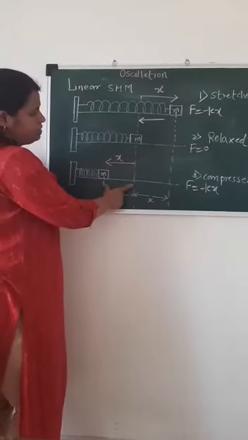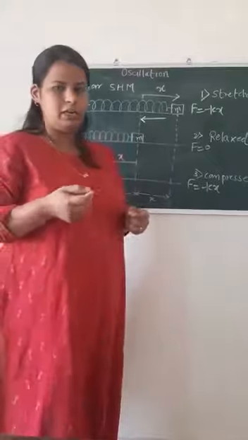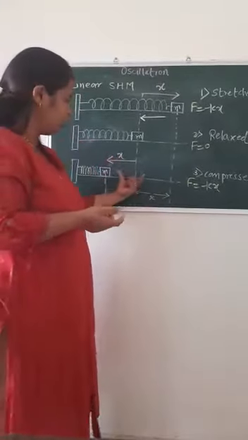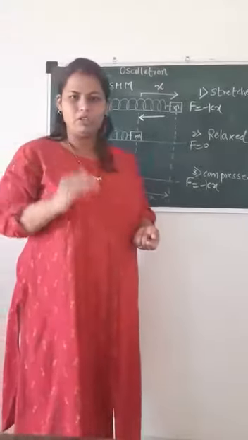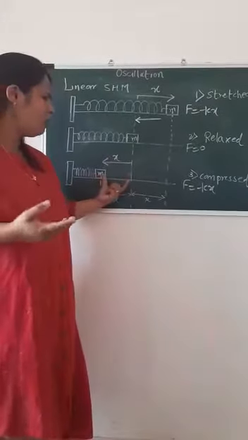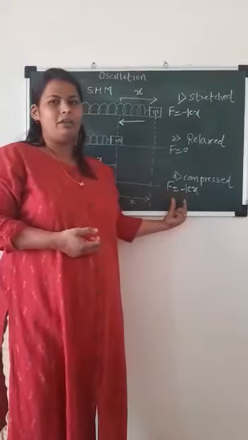If we release the compression, it will come back to its original position, the mean position. So there is also a restoring force acting on the block. That restoring force is F is equal to minus kx.